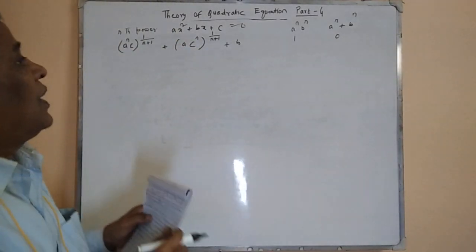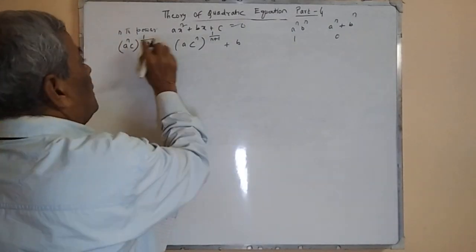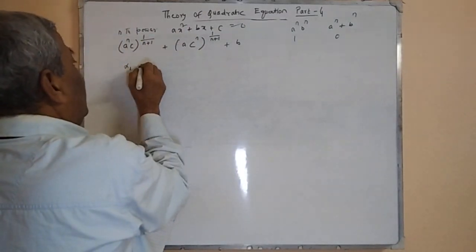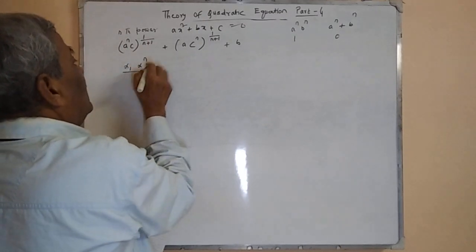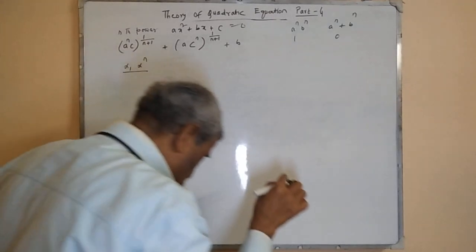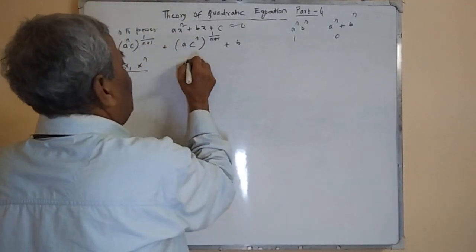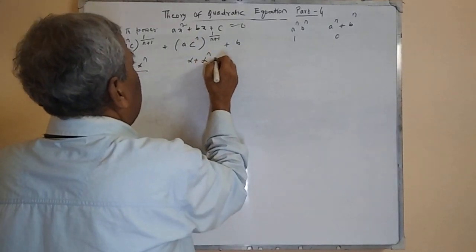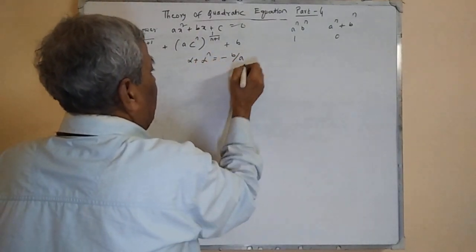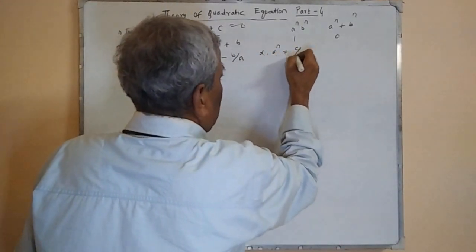Okay, so suppose its roots are alpha and alpha to the power n. One root is nth power of the other root. So this is that. Therefore, we get alpha plus alpha to the power n is equal to minus b by a, and alpha into alpha to the power n is equal to c by a.